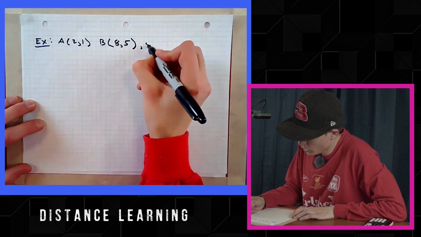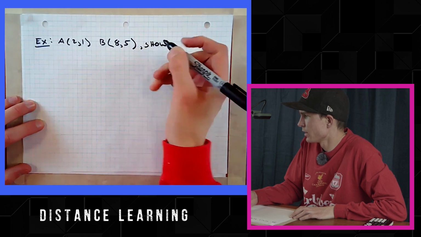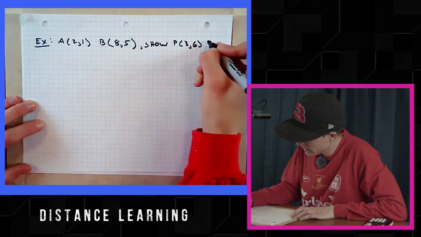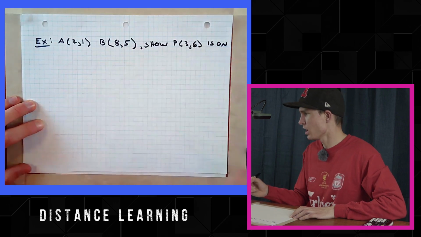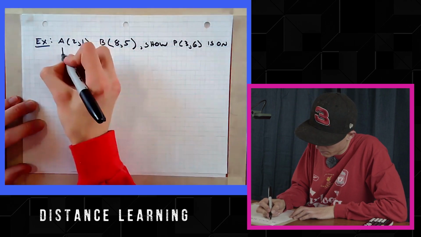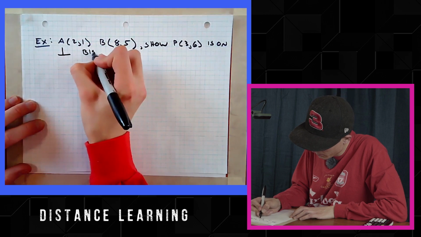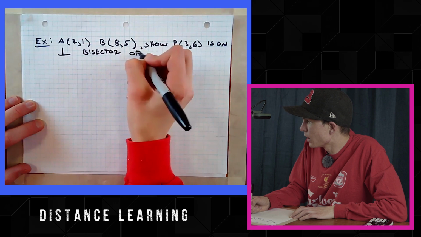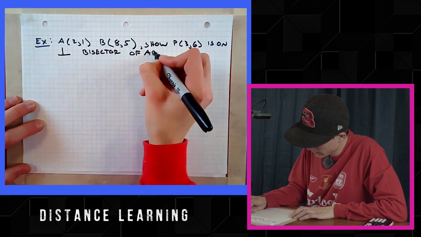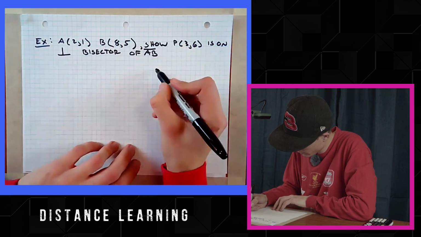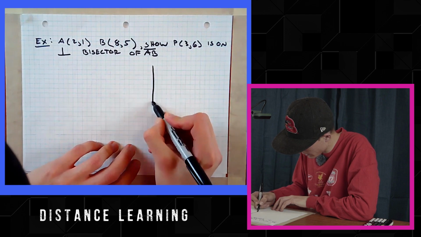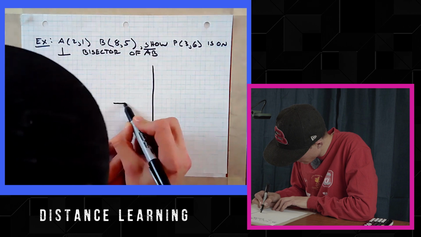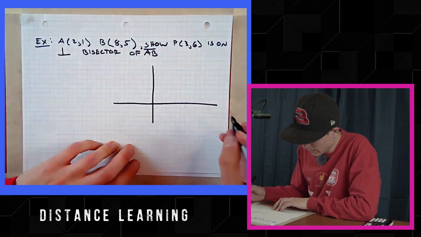And they say show that point P, 3, 6 is on the perpendicular bisector of AB. I will draw this one out, and I would recommend if you had one like this to graph it out. Hopefully I have enough spots.